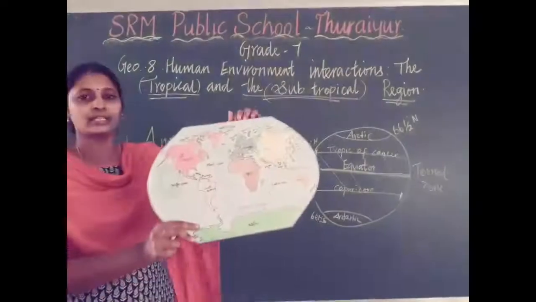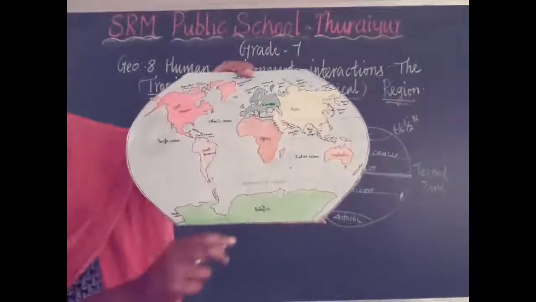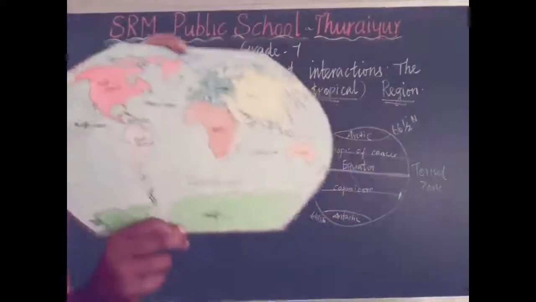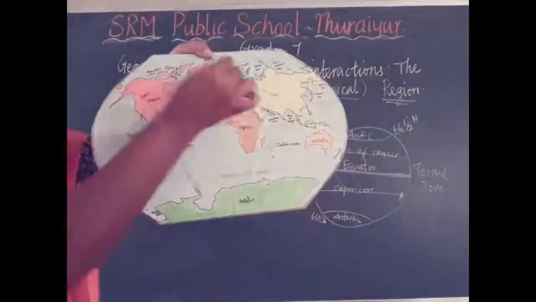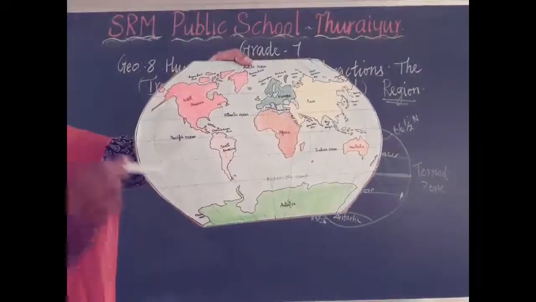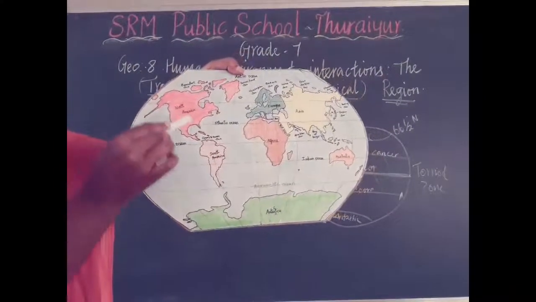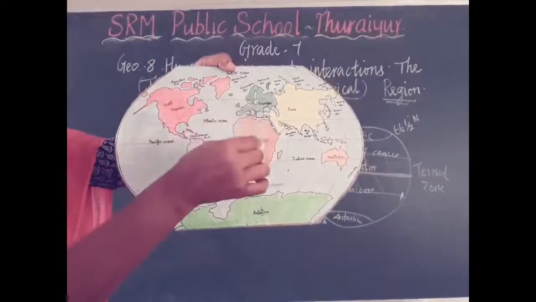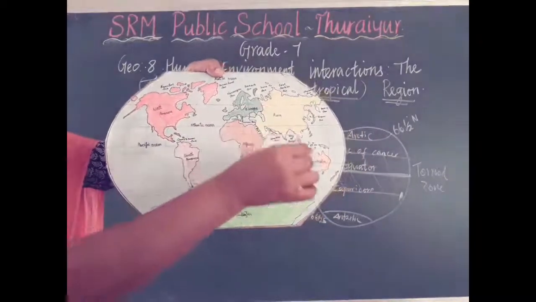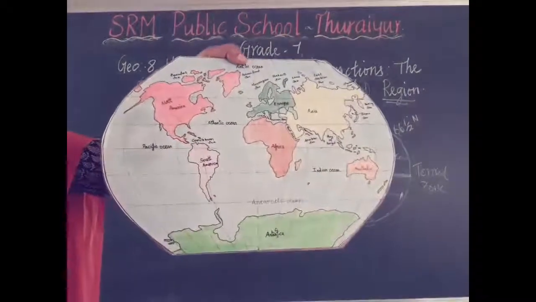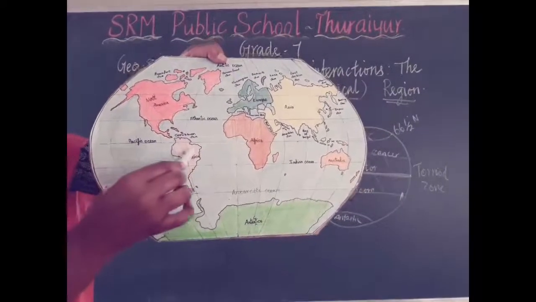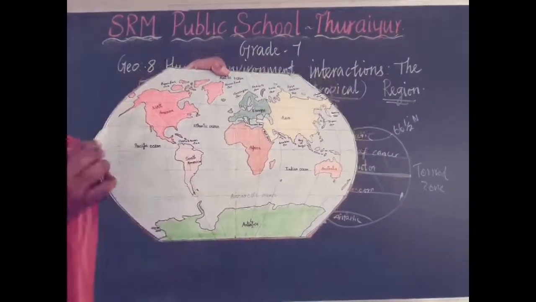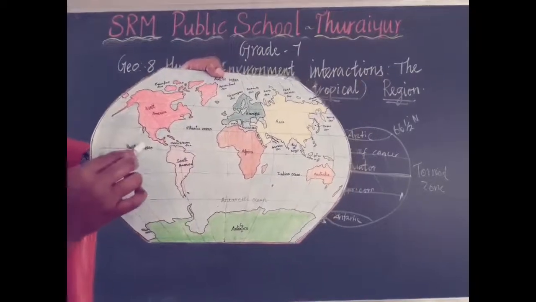Just look at this image. Can you see it now? This is the world map. You know very well the continents: North America, South America, Europe, Africa, Asia, Australia, Antarctica. Here we have South Africa and here the Pacific Ocean.